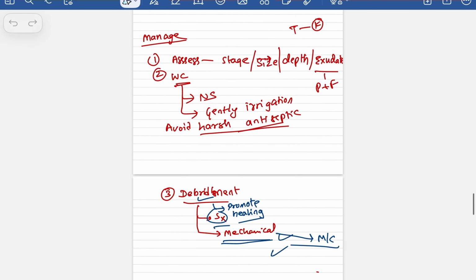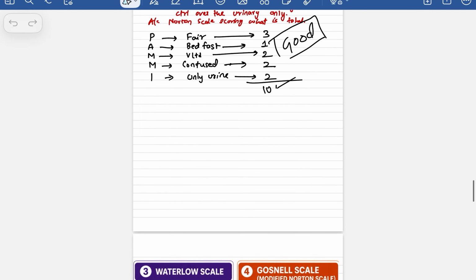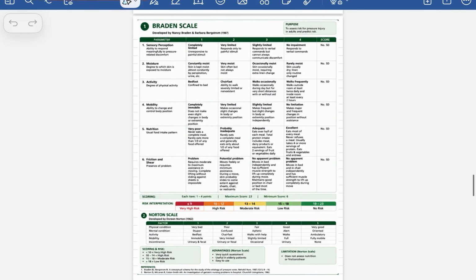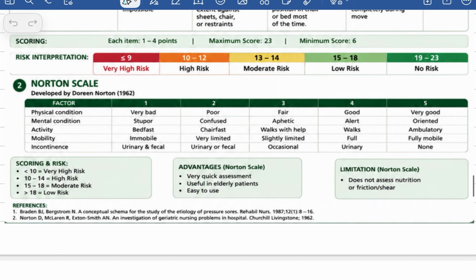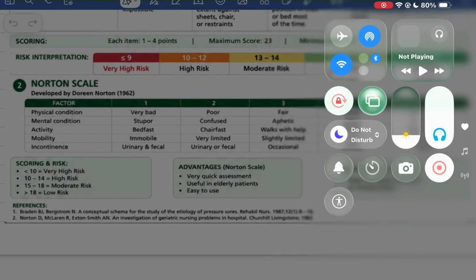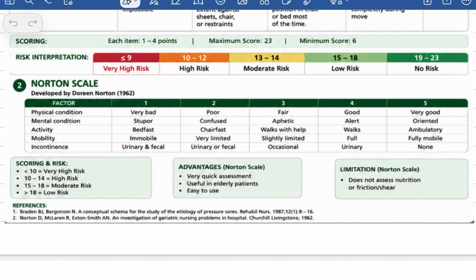We have done a number of topics here, no? Yes, Norton scale. So, here it is, the Norton scale. Can you say what the PUMMYs are now? Yes, tell me.